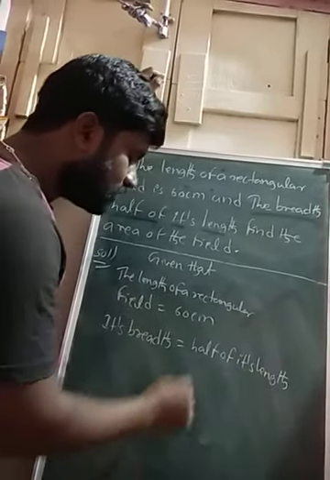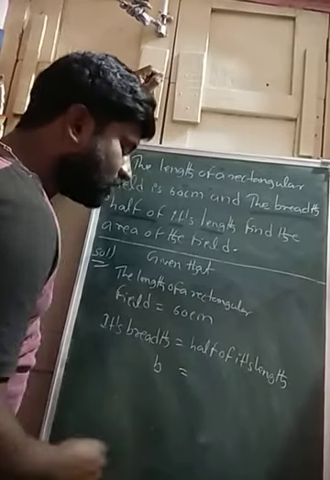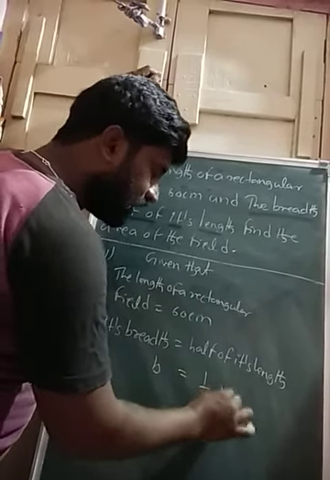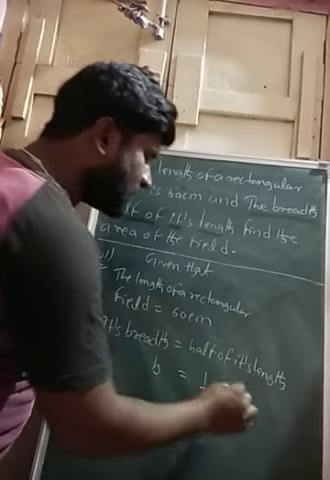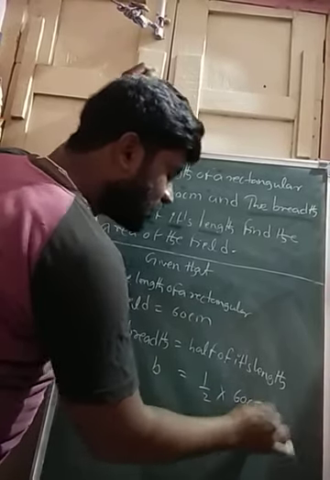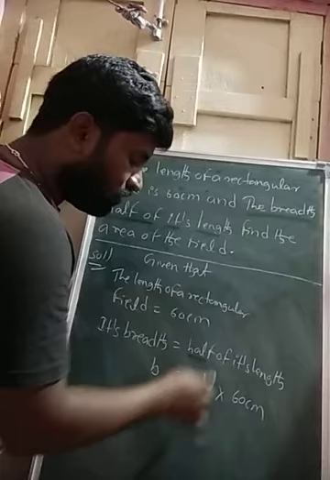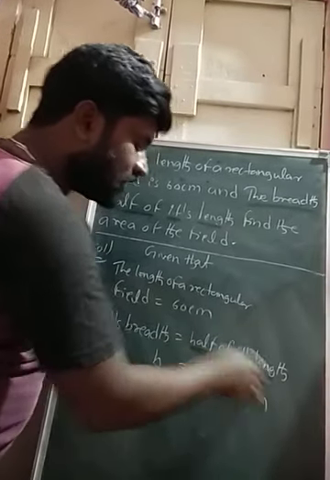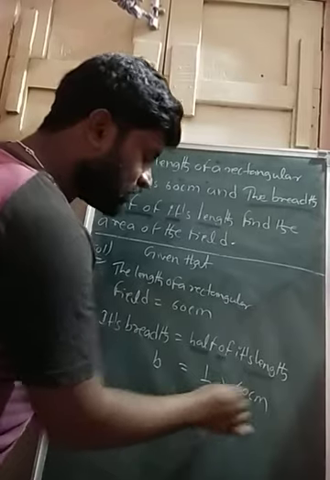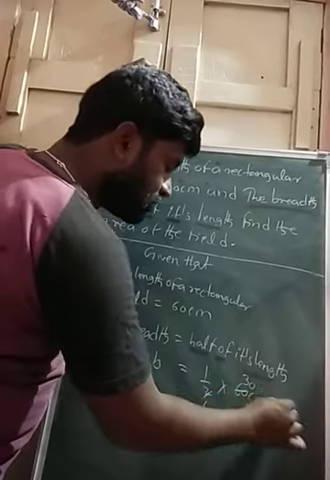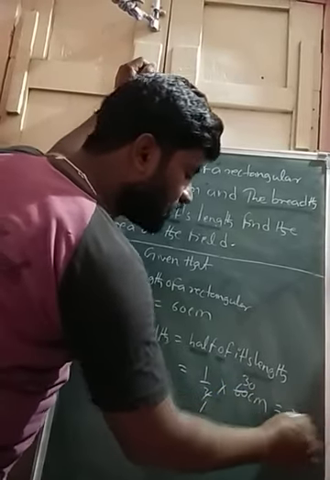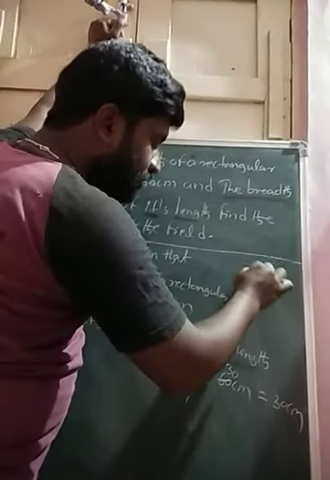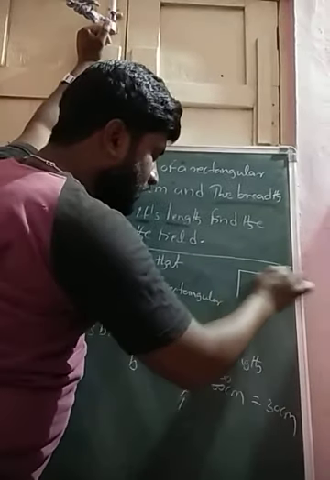Okay, students? Breadth is equal to half, that is 1/2, of length. Length is given as 60 centimeter. Half means 1/2, of means into, what is its length? 60 centimeter. So 2 ones are 2, 2 threes are 6. So we get breadth is equal to 30 centimeter.